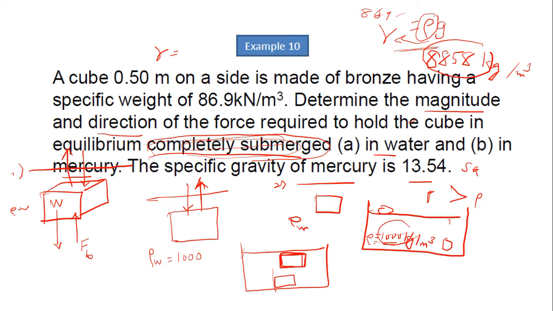From the question, you already know whether the direction of the force is downward or upward, using the property of density for bronze and for the fluid. Okay, for the second condition in mercury, can anyone tell me whether the direction of the force should be upward or downward?